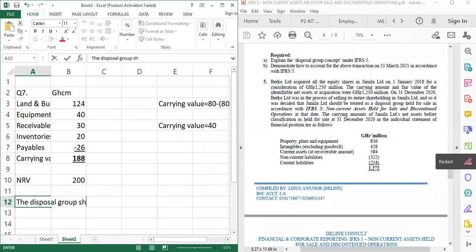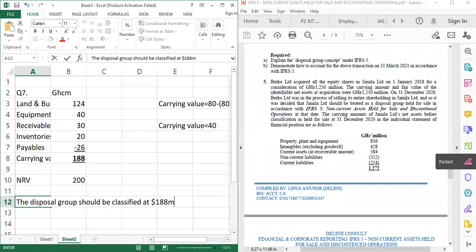Beko Limited acquired all the equity shares in Jamila Limited on 1st January 2018 for a consideration of 1,350 million. The carrying amount and fair value of the identifiable net assets at acquisition were 1,330 million.